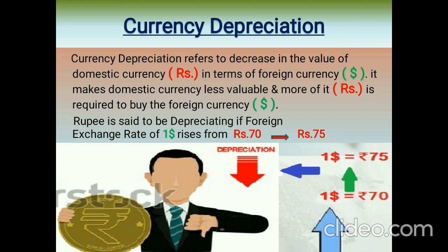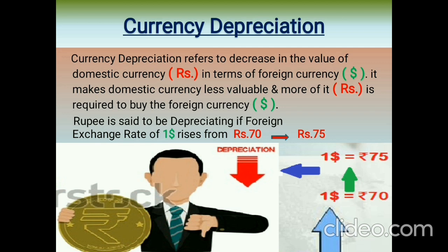We can take an example also. Rupee is said to be depreciated or depreciating if the foreign exchange rate of 1 USD rises from rupees 70 to rupees 75, as you have seen in the picture.